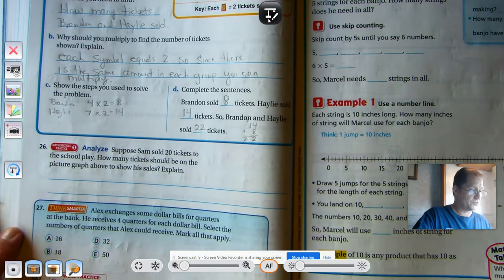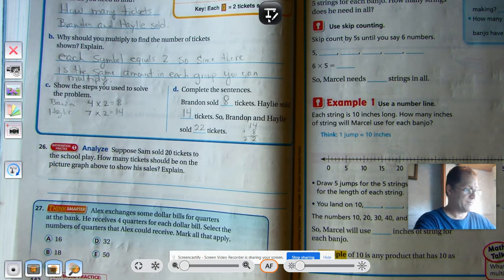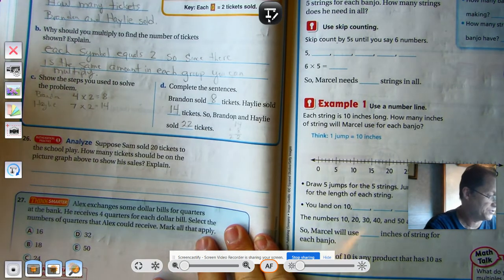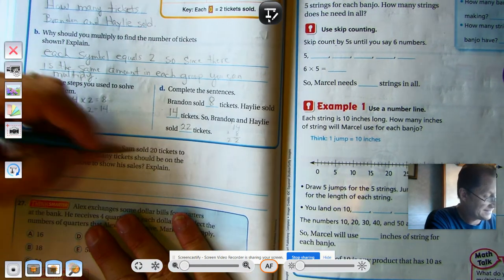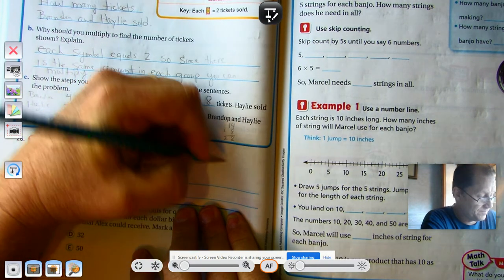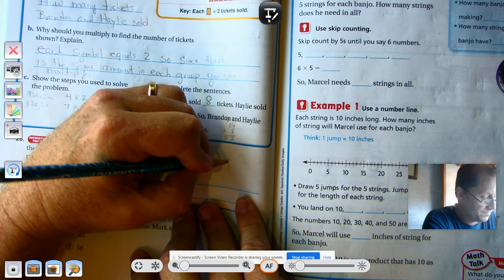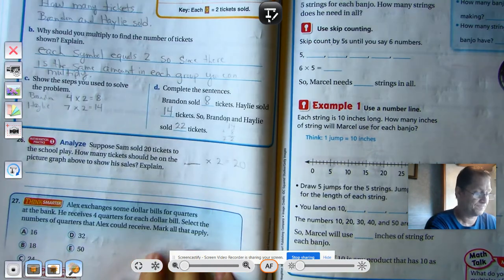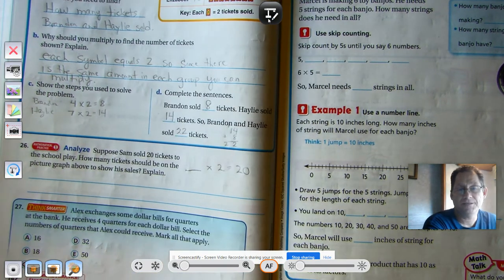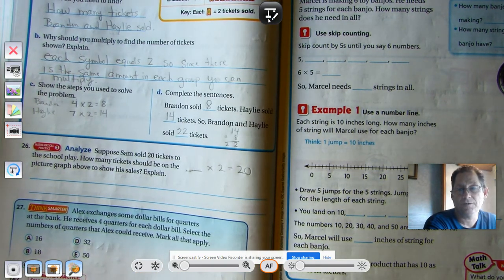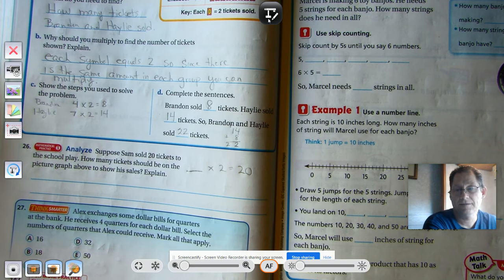Suppose Sam sold 20 tickets to the school play. How many tickets should be on the picture graph above to show his sales? So basically what that's asking us is some number times 2 is 20. So skip count by 2s to get to 20. 2, 4, 6, 8, 10, 12, 14, 16, 18, 20.